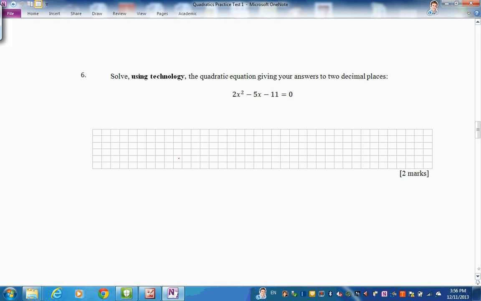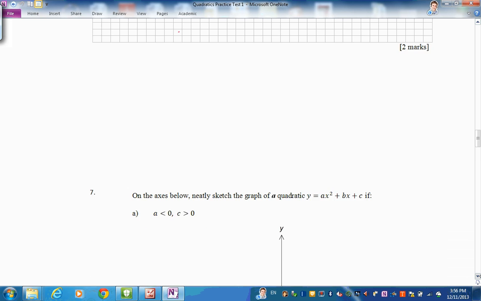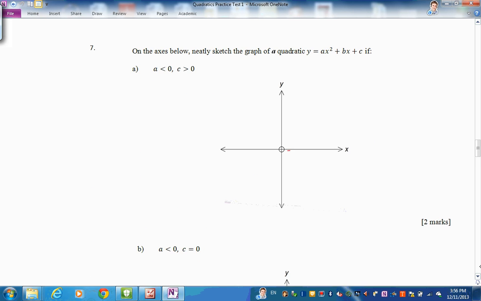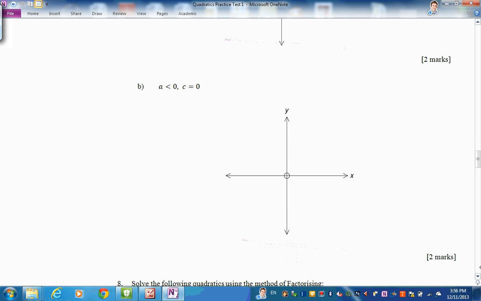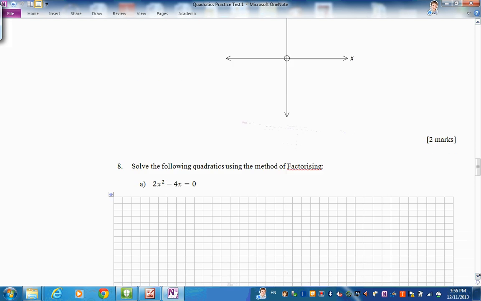Question 6, using technology here then. Question 7, part A, and then I'll give you another set of axes for part B. Here we are. A few parts in question 8.